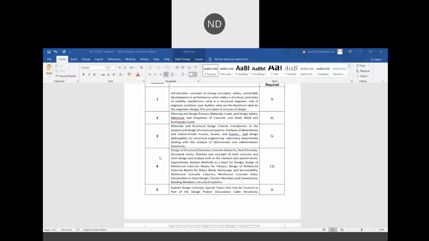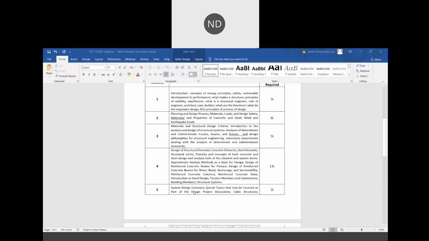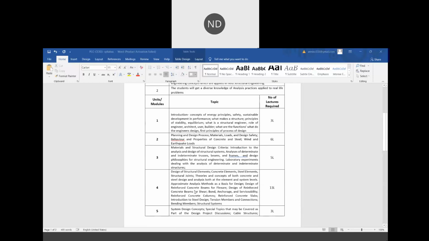Others are also important, but the most important are the third and fourth units, and the fifth is for your discussion of any special topics, like for your final year projects. What are the different topics which we can take? Those things can be discussed here in your fifth unit.